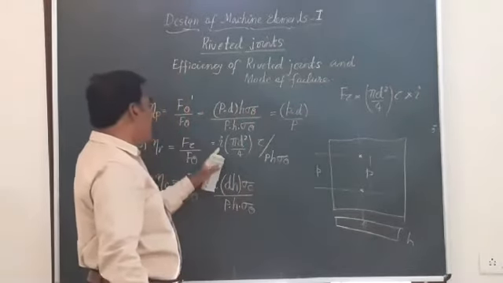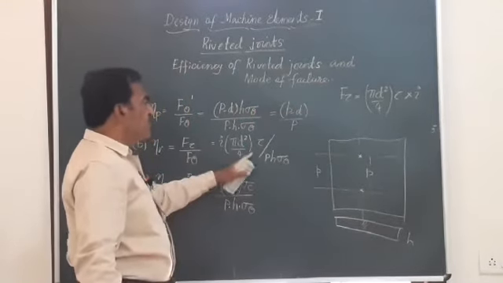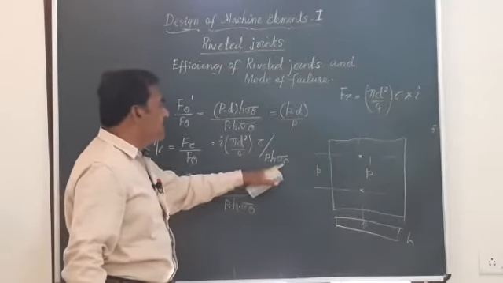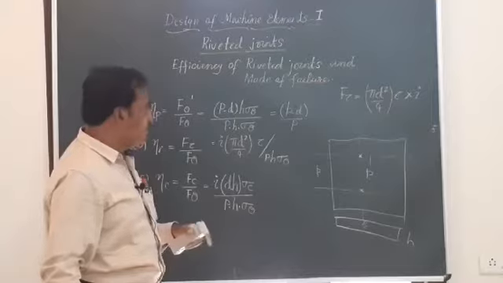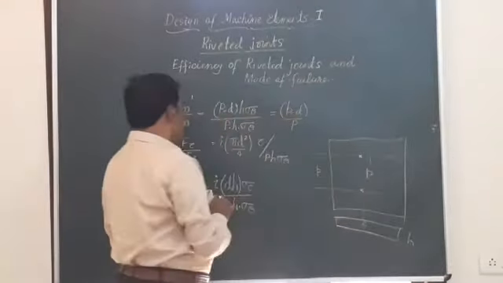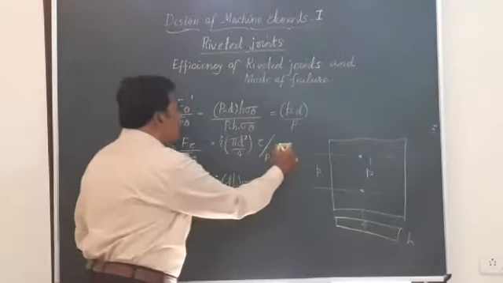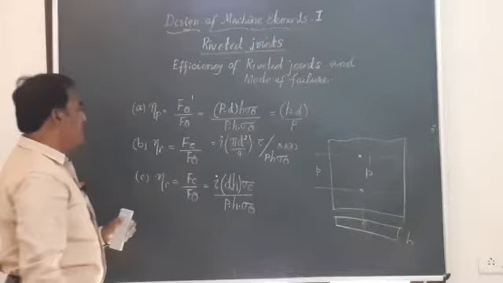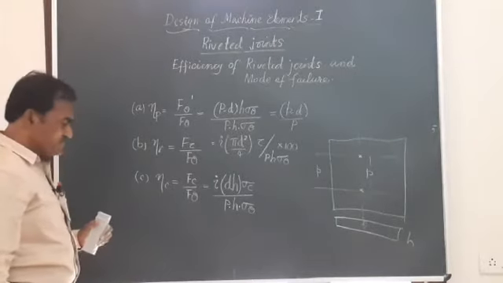So, it is I into pi d square by 4 into tau, which is the shear strength of the rivet, divided by the strength of the solid plate, and you will get an efficiency which has to be multiplied by 100 to get the percentage, that is, the rivet efficiency.